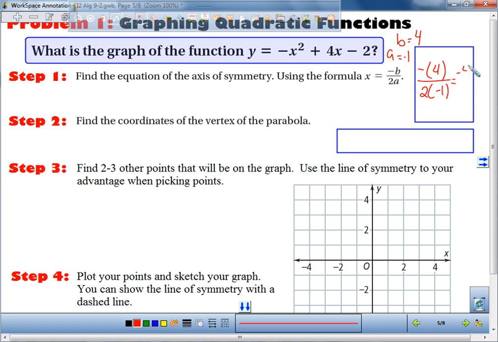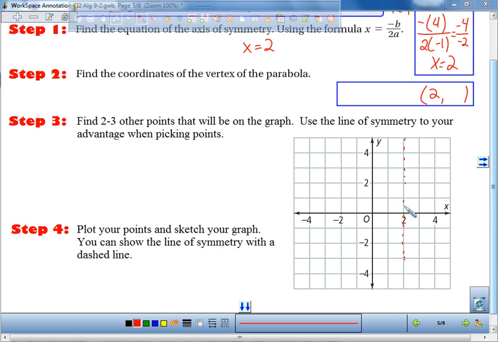So we have negative 4 over negative 2. So the x-coordinate of our vertex and the axis of symmetry is at 2. So we get x equals 2. Now that's the x-coordinate, and we could also draw in our axis of symmetry. That's our axis of symmetry, x equals 2.